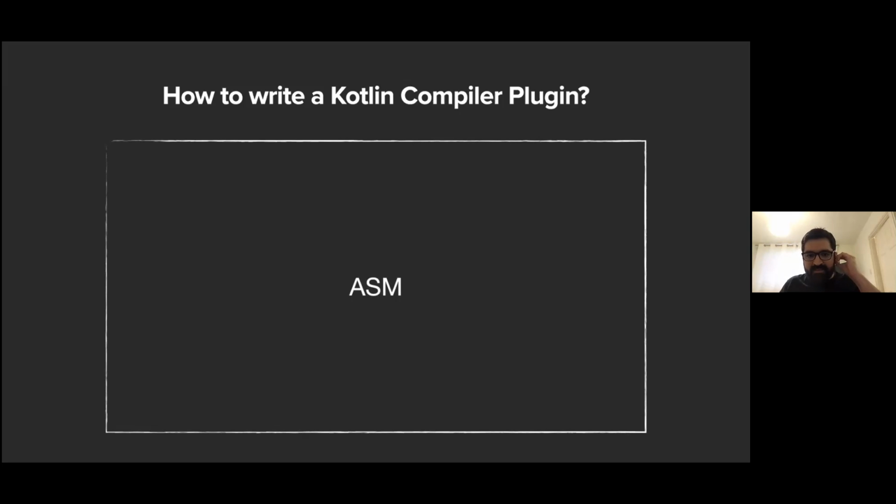ASM is a tool that allows you to modify Java's compiled code. Basically, ASM by itself isn't an acronym. It doesn't mean anything. But the creators say that it's just a reference to some functionality that you can get in the C language that allows you to write some assembly code.